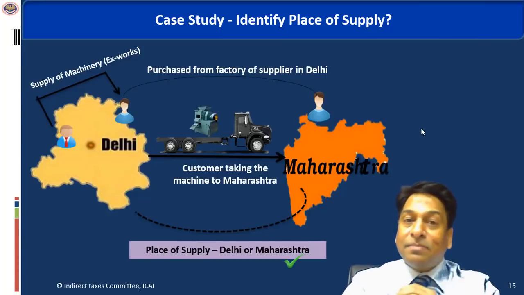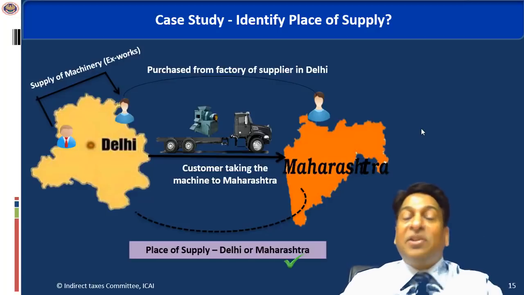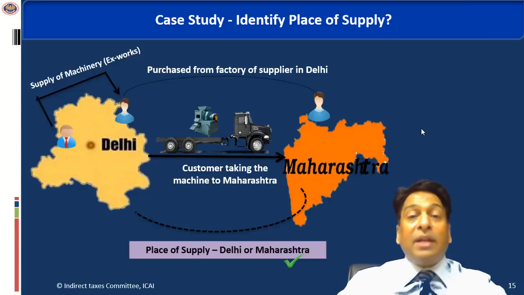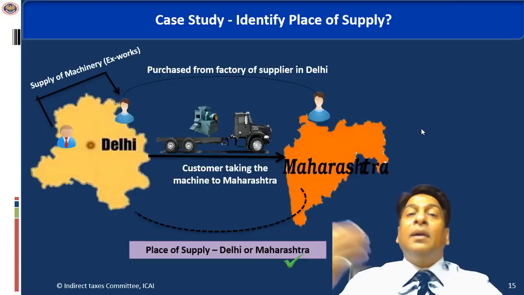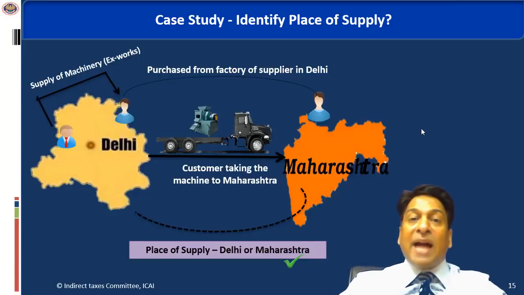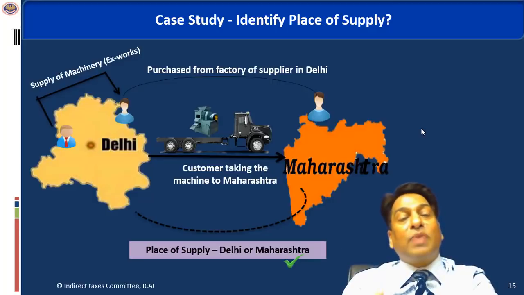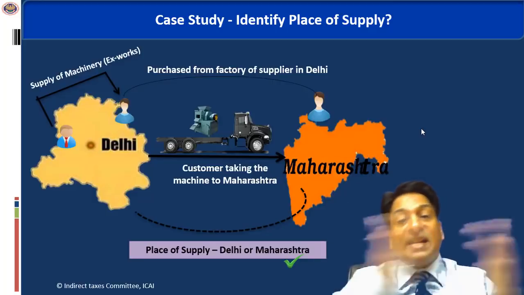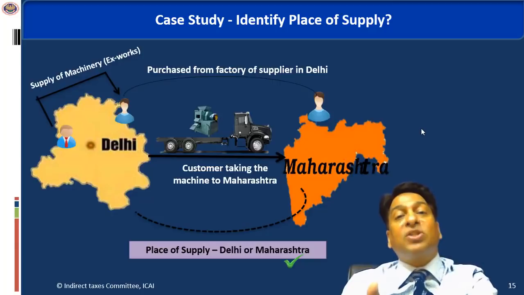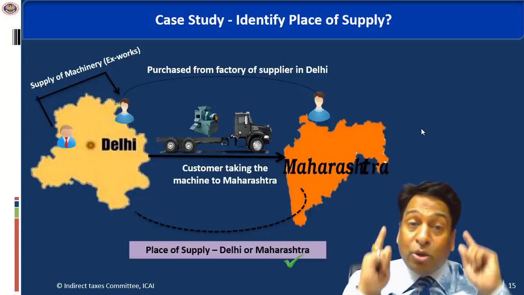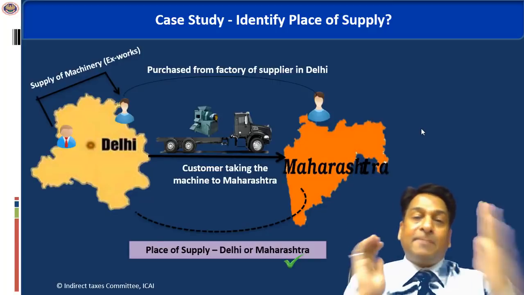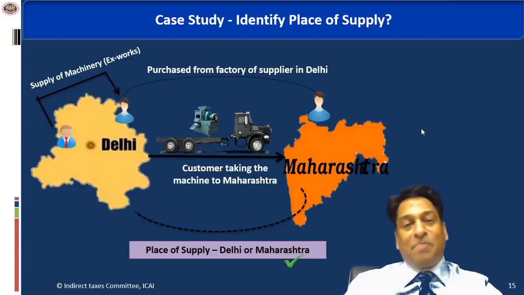If by mistake he has mentioned the address for delivery as Delhi, then the supplier could have charged CGST and SGST, of which credit will not go to the customer in Maharashtra, though he has taken these goods to Maharashtra, B2B. So it's a co-responsibility of supplier and recipient.